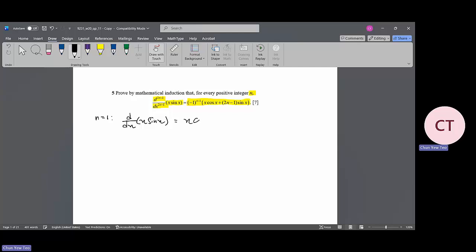Keep the left, differentiate the right, plus keep the right, differentiate the left. And you see whether it can be arranged in such a form. It will be negative 1 to the power of 1 minus 1, then x cos x plus (2 minus 1) psi x. Okay, so it can be expressed in the form that they mentioned over here. So we say it is true for n equal to 1.